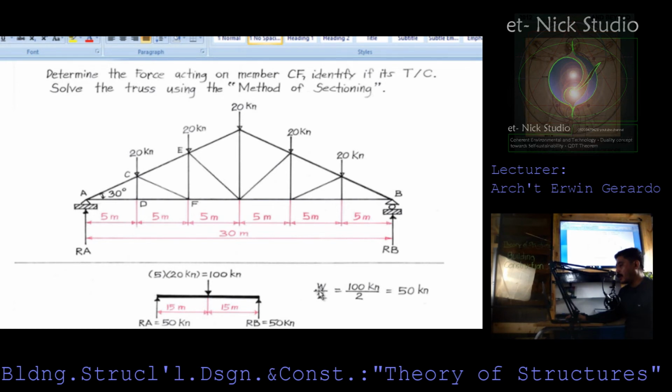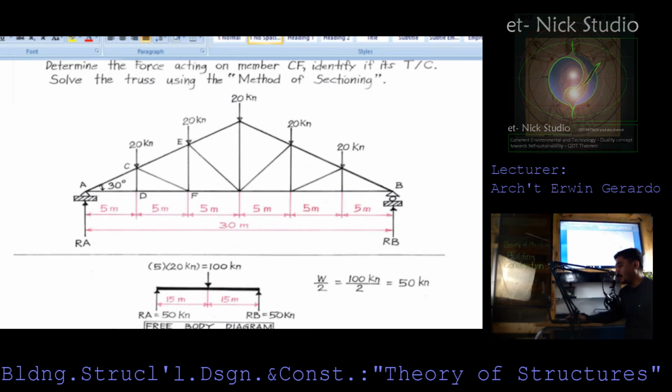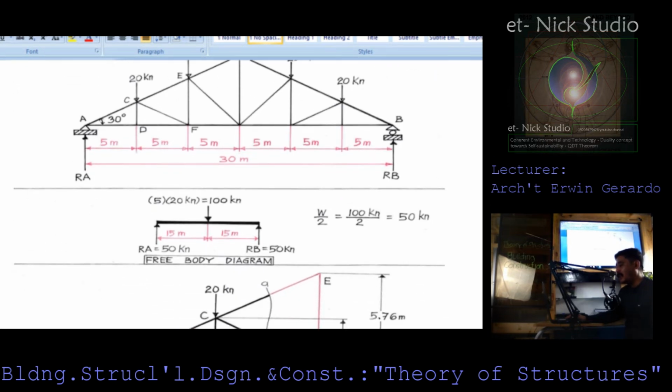Therefore, W2 equals 100 kilonewton divided by 2 equals 50 kilonewton. Meaning your reactions for A and B are both carrying the load, which is subdivided into 2. That is why we were able to gain here 50 kilonewton under the free body diagram.